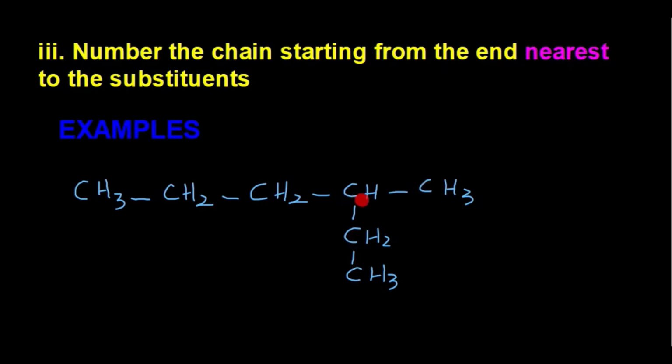So which is the longest chain, students? Of course, this chain consisting of 6 carbon atoms. Now we find the parent chain here. If this is the parent chain, then this is the radical or the branch. We encircle the radical here.